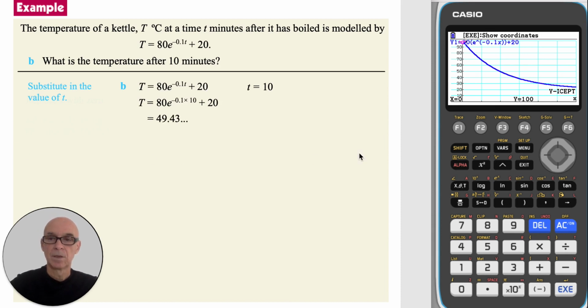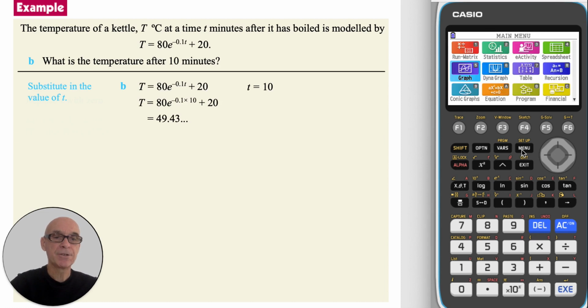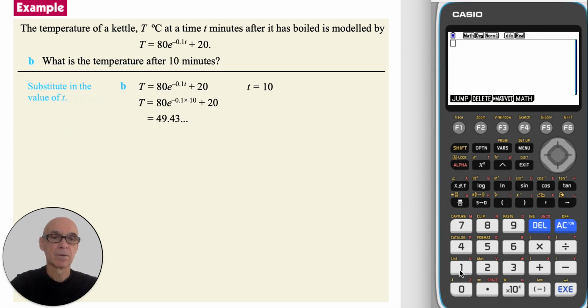So on the calculator, from the main menu, select option 1, run matrix, and then type in the calculation. 80, shift E to the power of, and press the negative button, 0.1 times 10, and then the right cursor to come down, plus 20. Given the value shown.